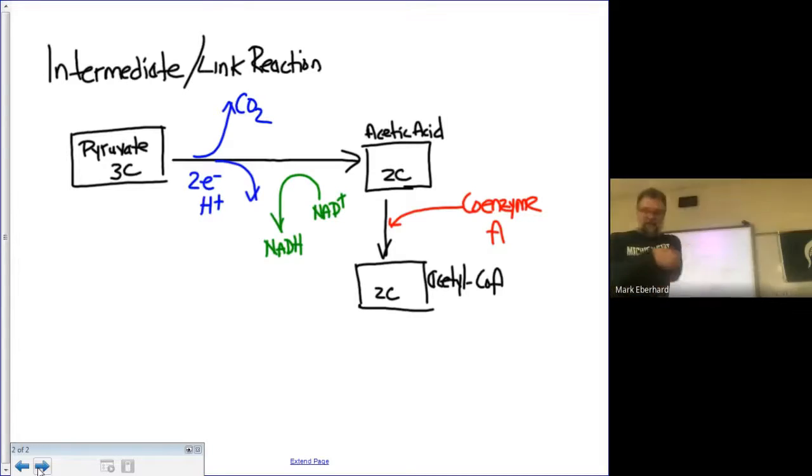Acetyl-CoA now has the chemical structure necessary to pass through the outer membrane, the inner membrane space, and through the cristae all the way into the matrix. This is going to give it entrance all the way into the matrix.